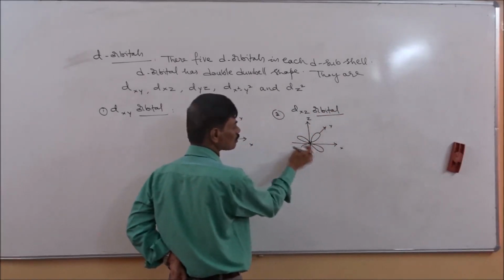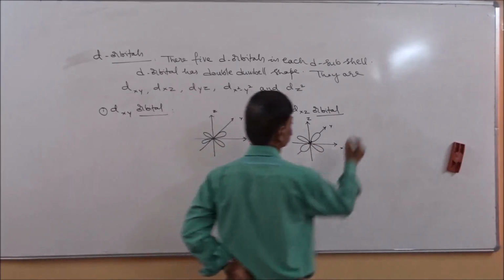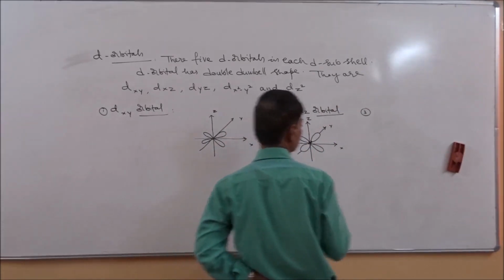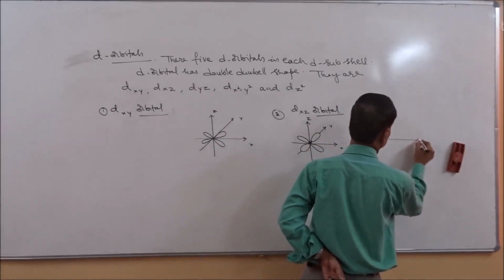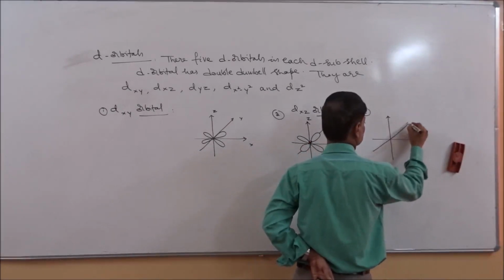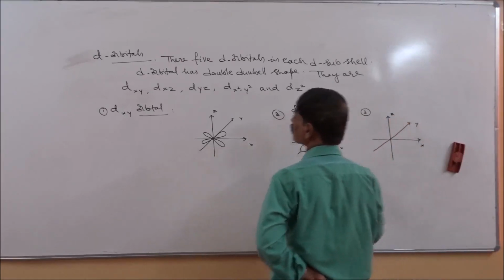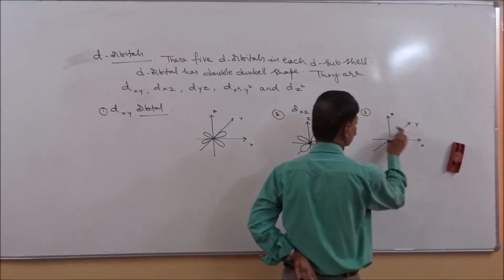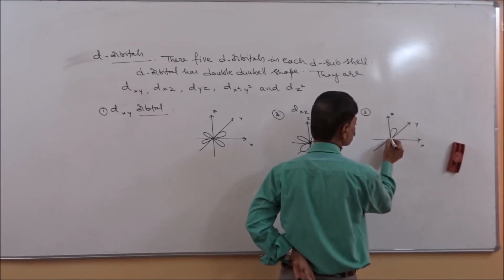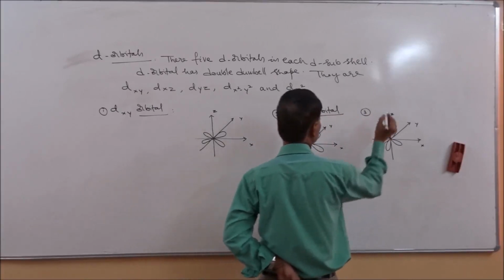This is one dumbbell, this is the second. That's why d orbital is said to be double dumbbell structure. Now, the third one is the dyz orbital. X-axis, y-axis, z-axis. Third one dyz. In between y and z, one dumbbell, quite opposite to that, the other dumbbell. So the third one is the dyz orbital.